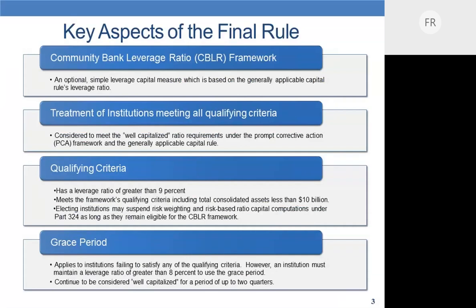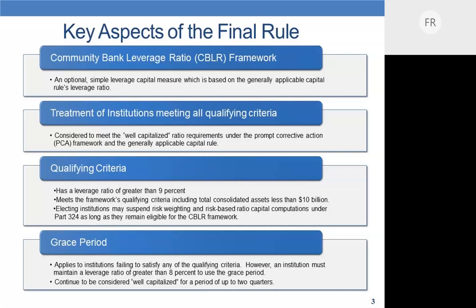Electing institutions can suspend risk weighting and risk-based capital computations under Part 324, which is the FDIC's capital regs, as long as they remain eligible for the CBLR. For prompt corrective action, or PCA purposes, institutions meeting all qualifying criteria are considered to meet the well-capitalized ratio requirements under the Prompt Corrective Action Framework and the generally applicable capital rule.